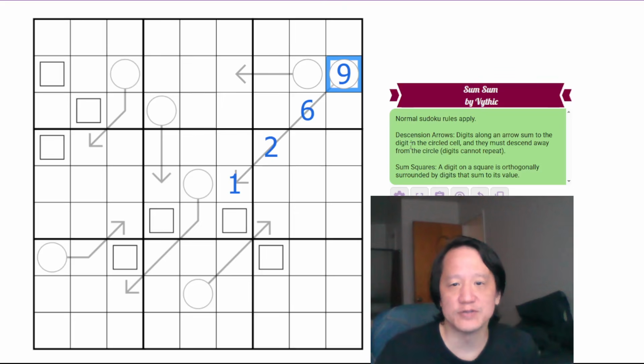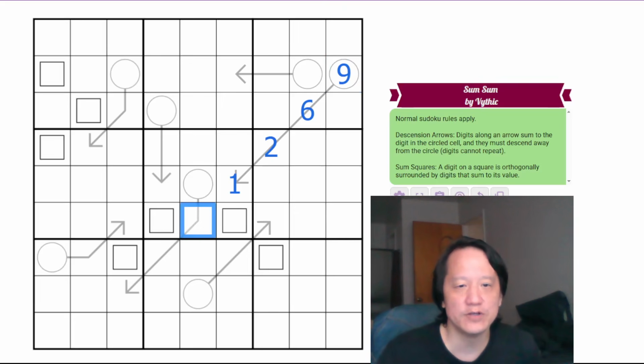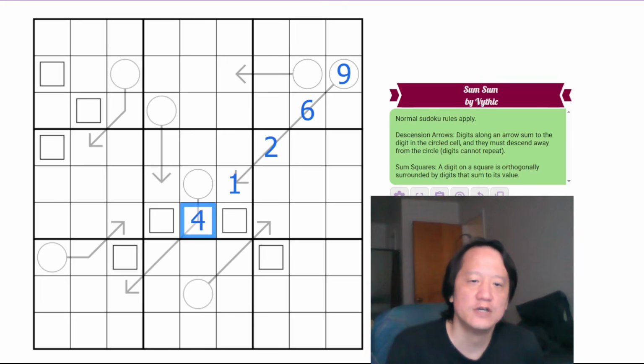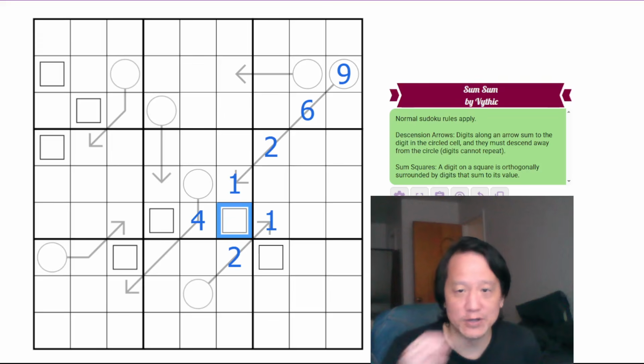The second part of the sum is sum squares, where a digit on a square is orthogonally surrounded by digits that sum to its value. So if we had, say, 1, 4, 1, and 2 here. What does orthogonally surrounded by digits mean?